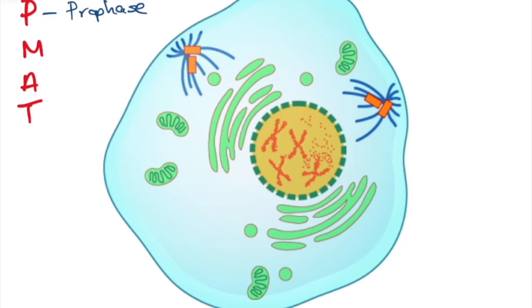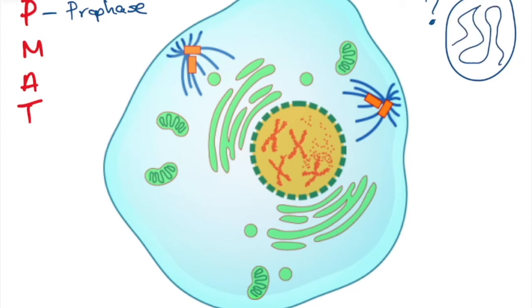What's happened here? What can we see in this cell? Just stop and think about what you can see. What's happened to DNA which would otherwise be diffuse, really spread out? We can see that the chromosomes have coiled up.